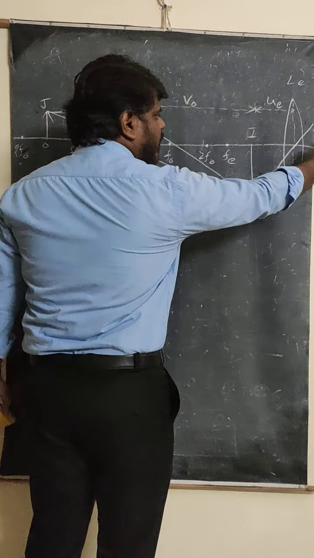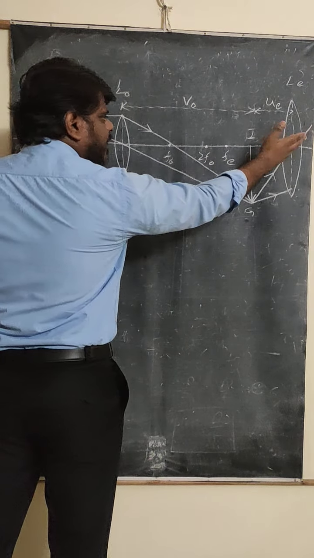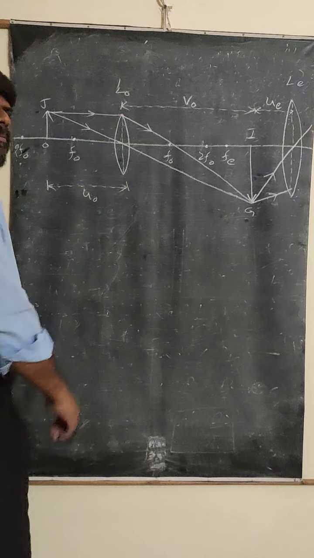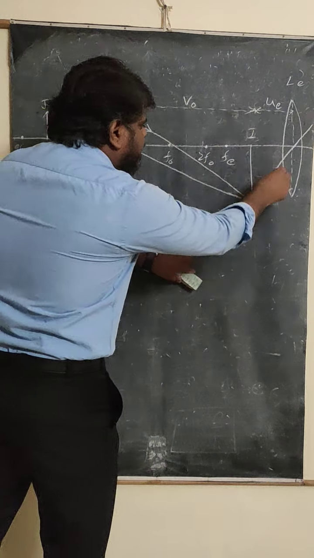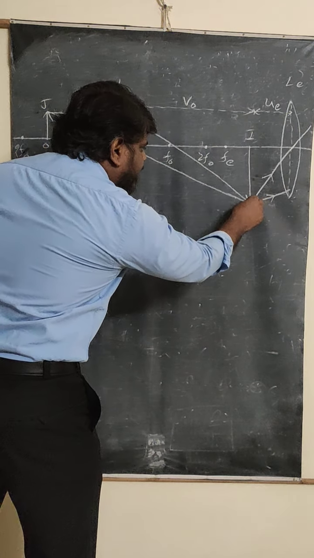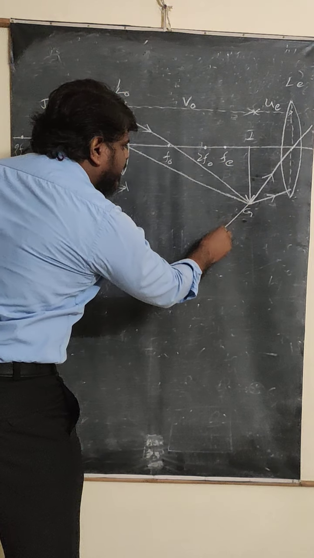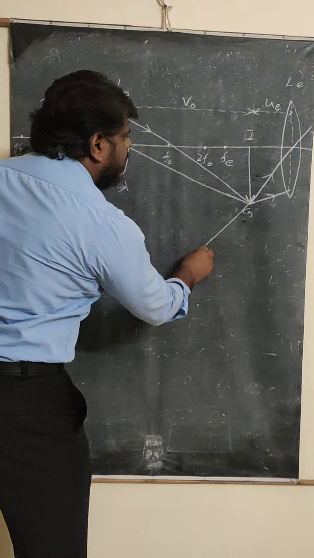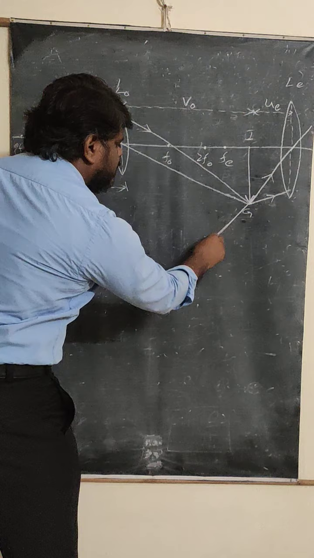When you see the image from this side, you extend back the refracted rays. When you extend back the refracted rays, they travel like this, and here the image is going to be formed.